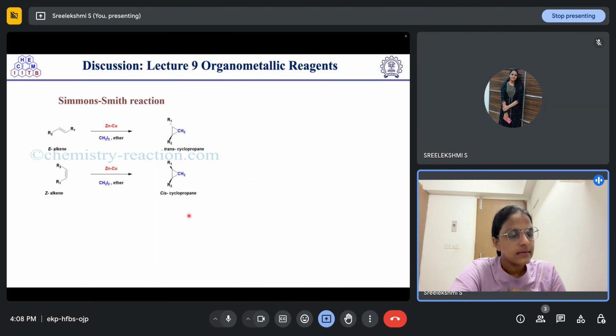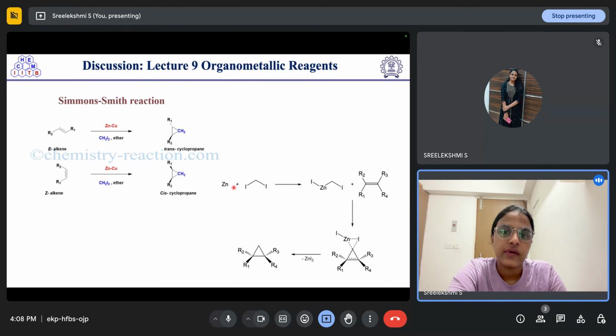Now moving to another zinc mediated reaction, which is the Simmons-Smith reaction, which is basically used for cyclopropanation. Here we can use zinc, this dihalo compound, and a zinc-copper couple. So here just cyclopropanation is happening. That is, this will attack over this, and this will attack over here to form the cyclopropane ring. The mechanism is through a carbene intermediate.